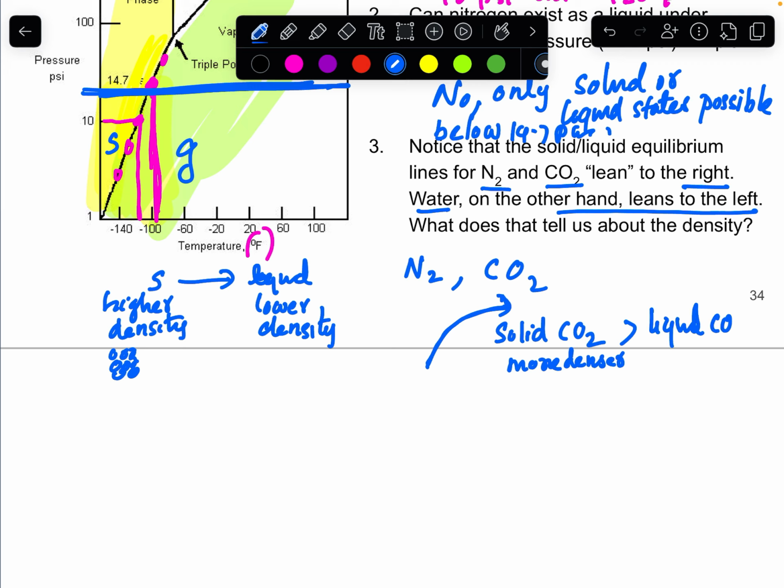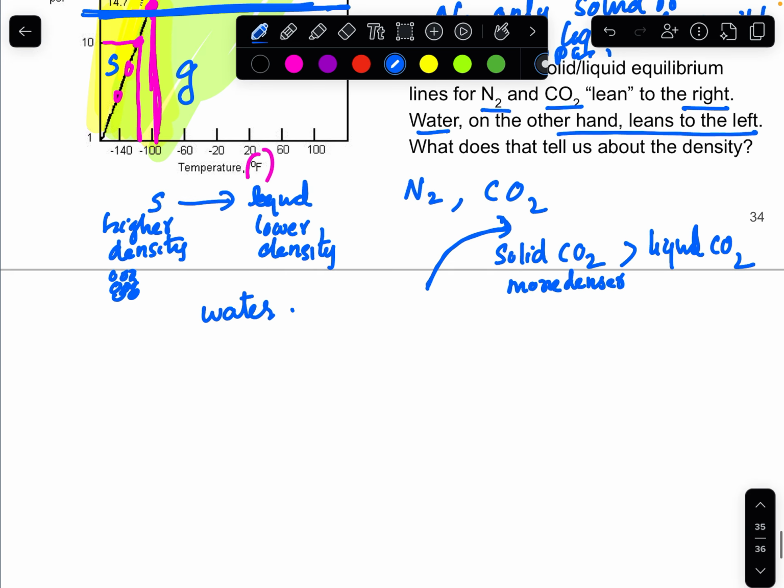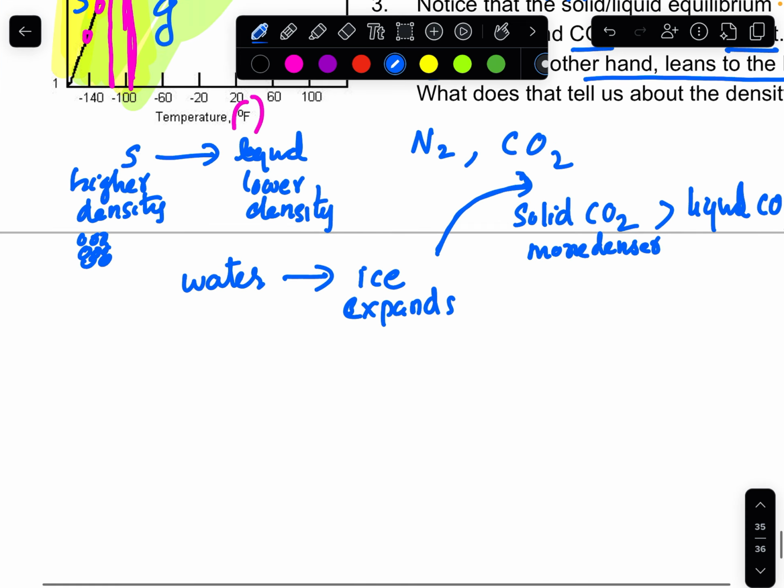than liquid carbon dioxide, right? But in the case of water, we know the unique phenomenon for water. When water freezes into ice, it needs more space. Ice will expand, right? That's why pipes break during winter, during freezing. The reason is the unique structure of ice molecules: because of hydrogen bonding, it will form a hexagonal structure like this.